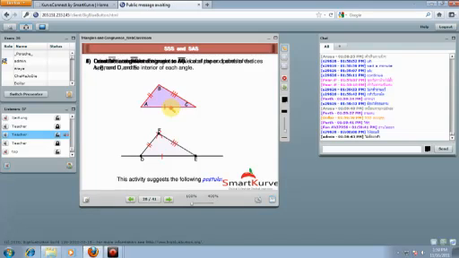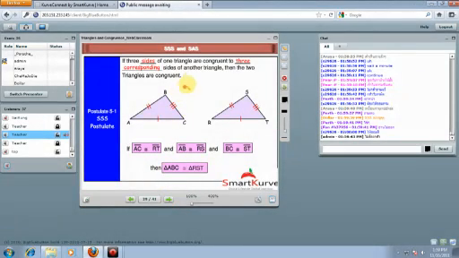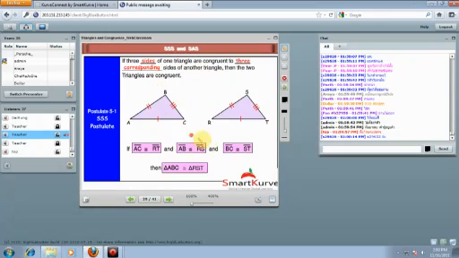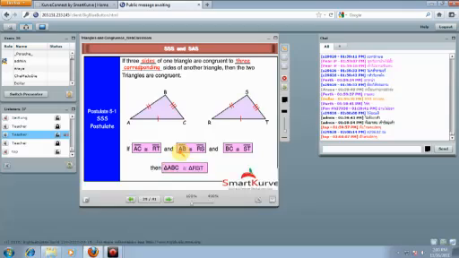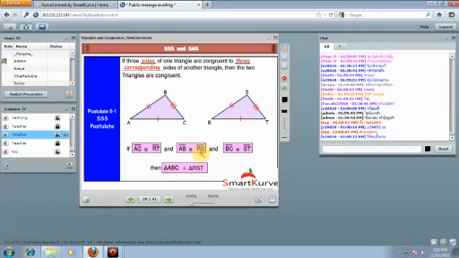If all three sides match each other, then it is a congruent triangle. If side AC equals side RT and side AB equals side RS and side BC equals side ST, then triangle ABC equals triangle RST. That is what the side, side, side rule tells us.